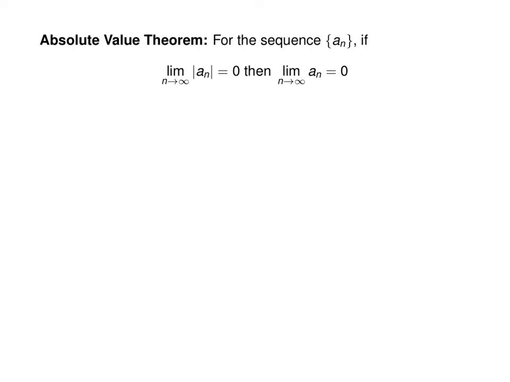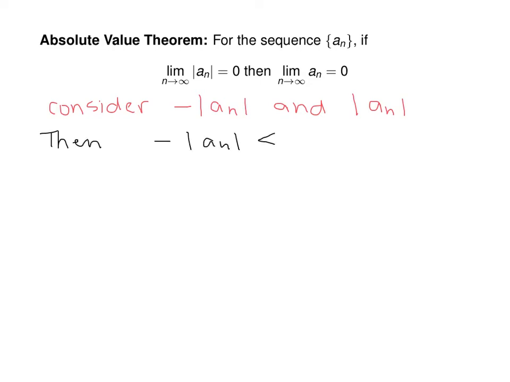And how we prove this is this. We use the squeeze theorem. So we consider the two sequences, negative absolute value of a sub n and regular absolute value of a sub n. Then negative absolute value of a sub n is less than or equal to a sub n, which is less than or equal to the absolute value of a sub n.